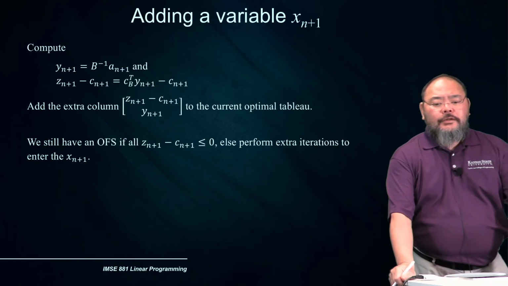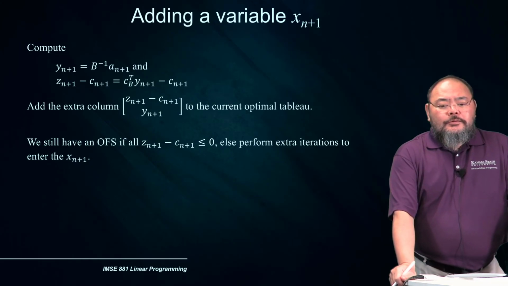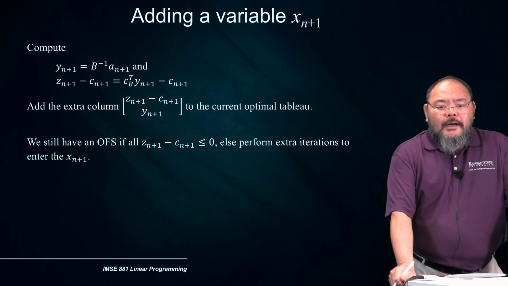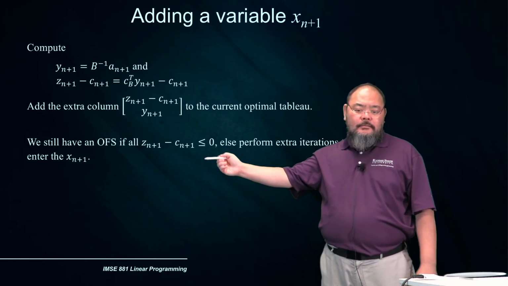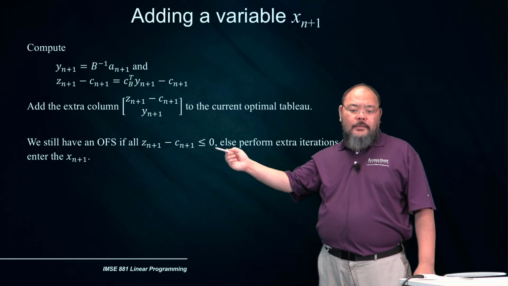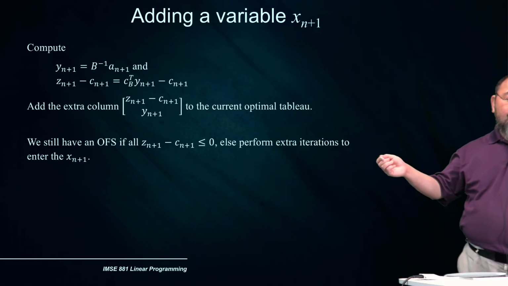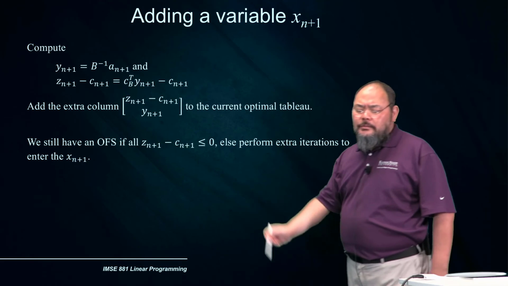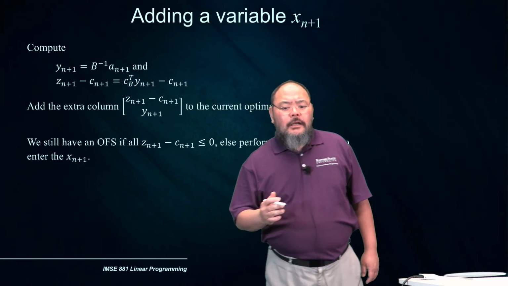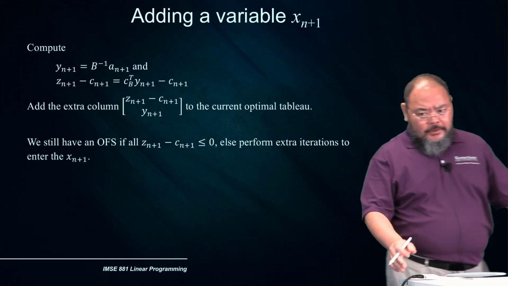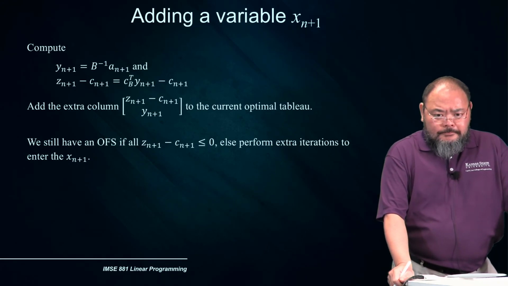So if zn+1 minus cn+1 is non-positive, we still have the optimal feasible solution, or else we can perform an extra iteration to enter xn+1. This is what I was talking about for the previous situation.